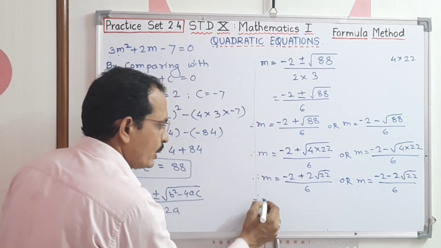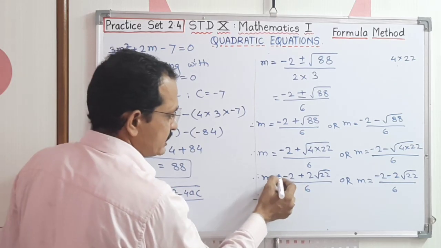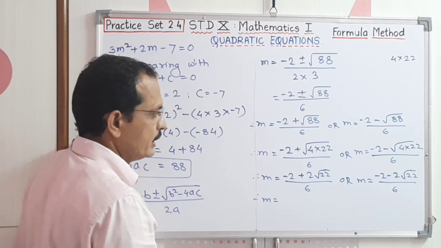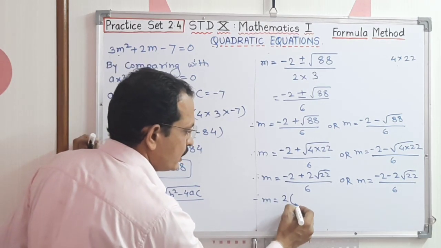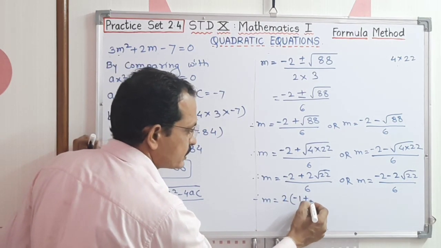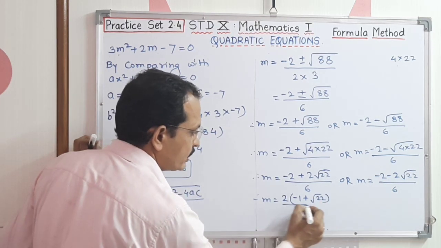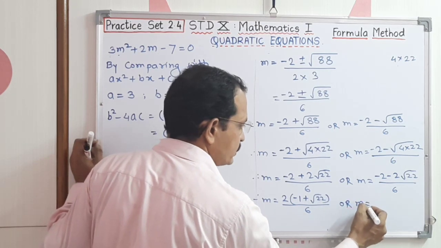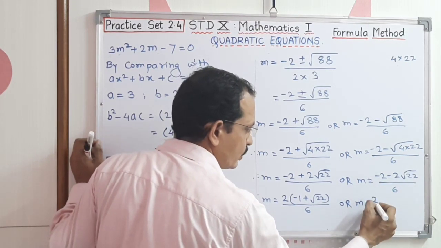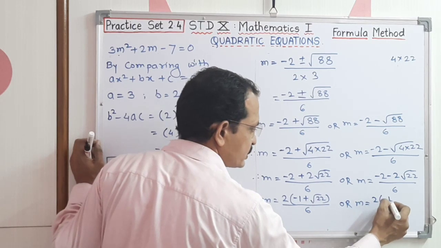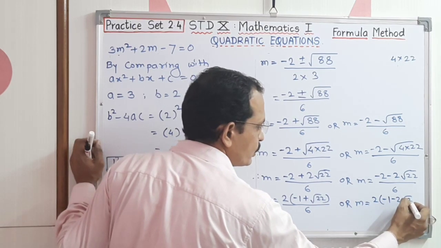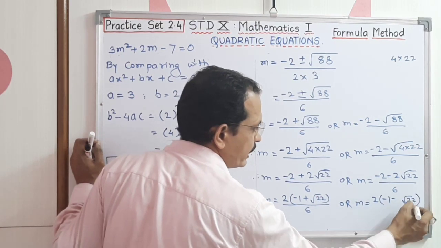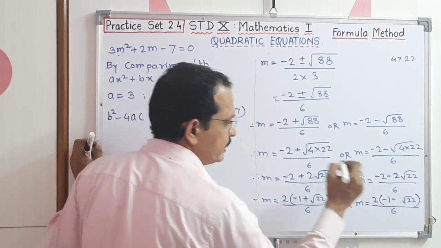Now m is equal to, from this and this we can take out 2 as common, then it is 2 into minus 1 plus root 22 upon 6, or m is equal to, from this also we can take out 2 as common, then it is 2 into minus 1 minus root 22 upon 6.